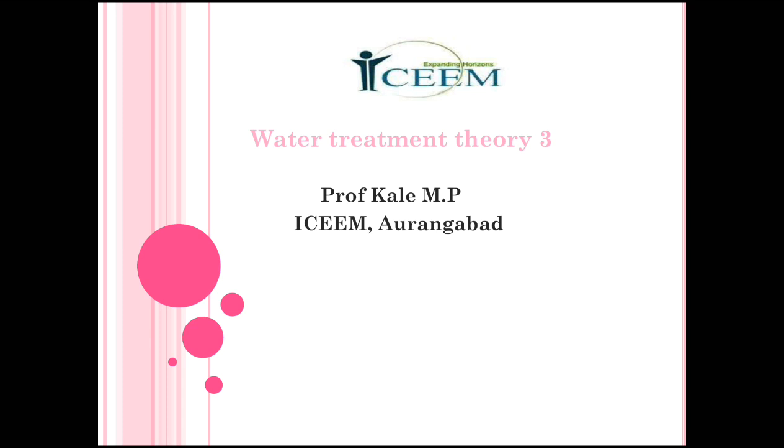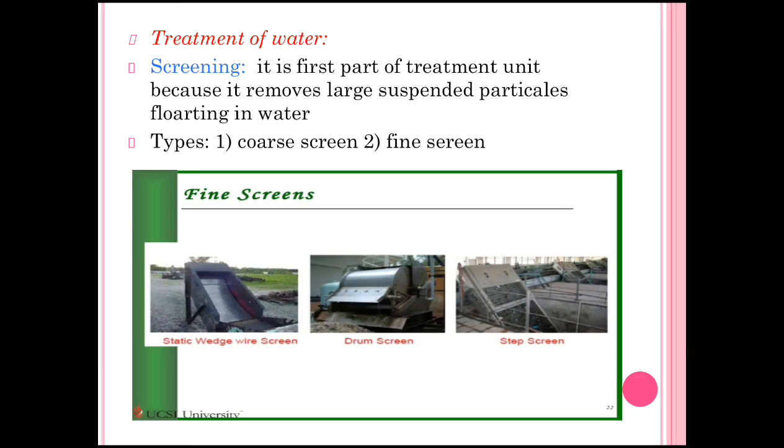For this water treatment, various steps are used, like screening, grit removal, aeration, then primary and secondary sedimentation, filtration, disinfection, tertiary treatment and water softening. So today we will discuss screening.